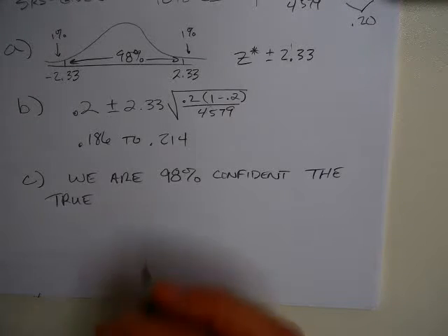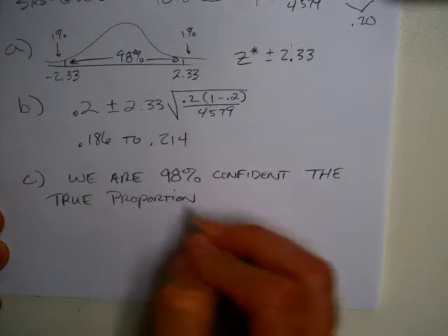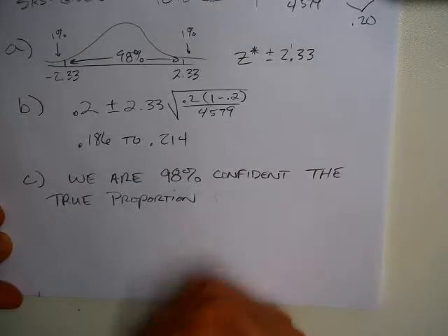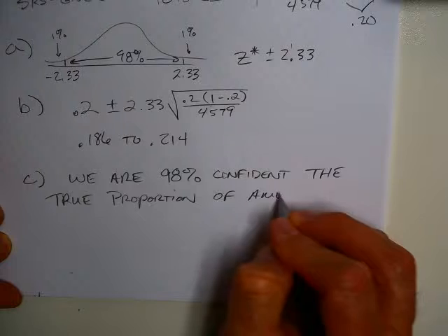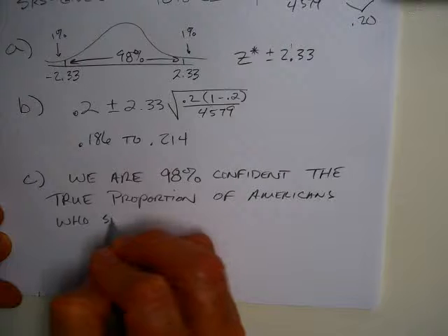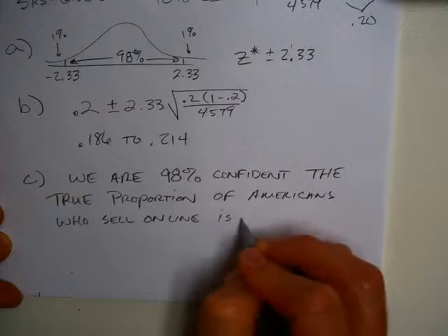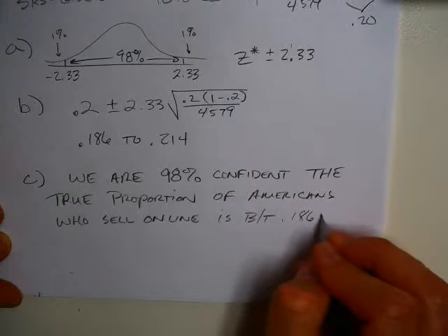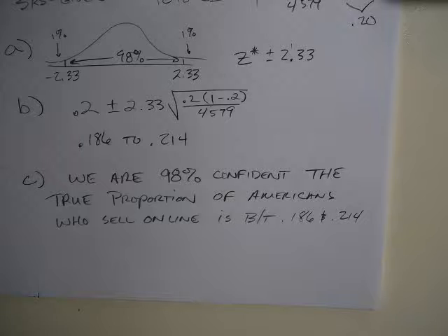Proportions. The true proportion, hang on, let's get some context in there, of Americans who sell online is between 0.186 and 0.214. So between about 18.6 and 21.4%.